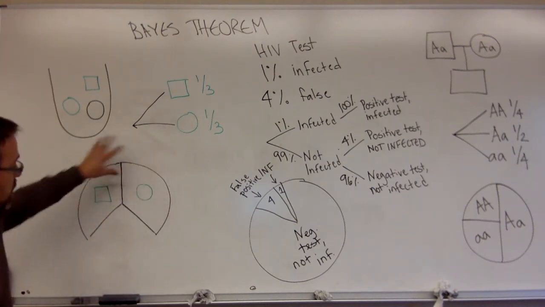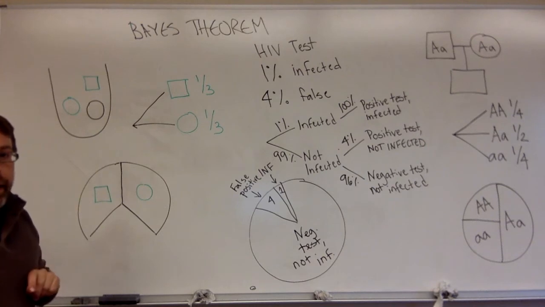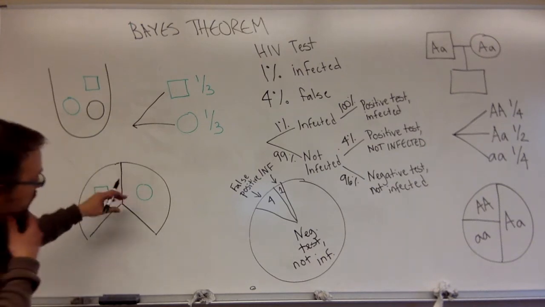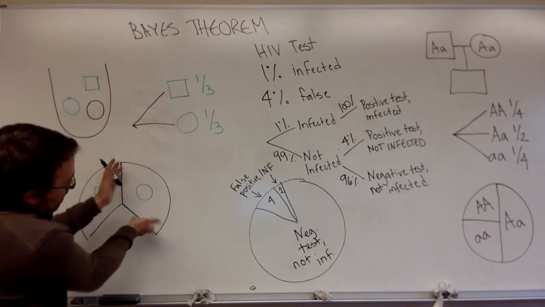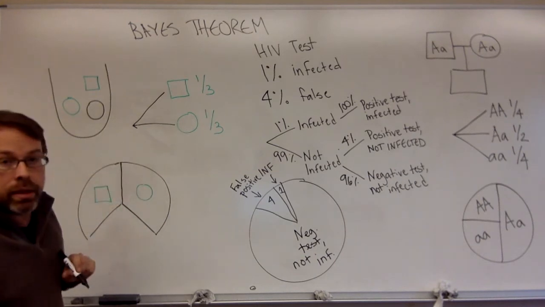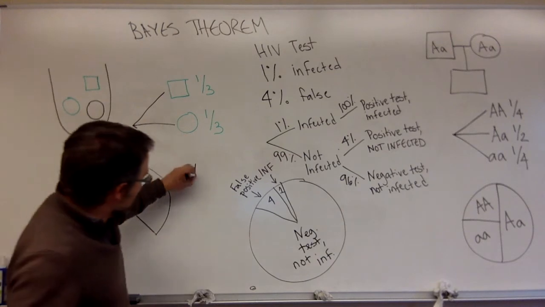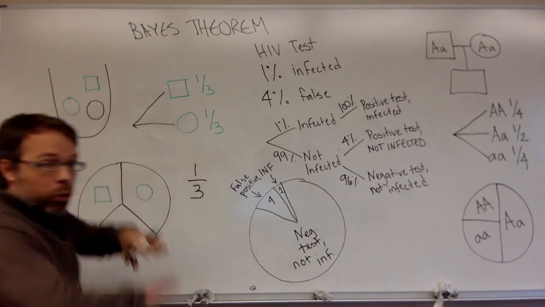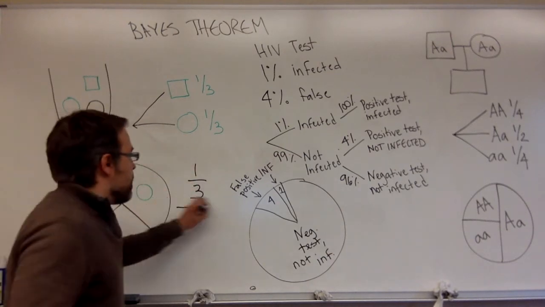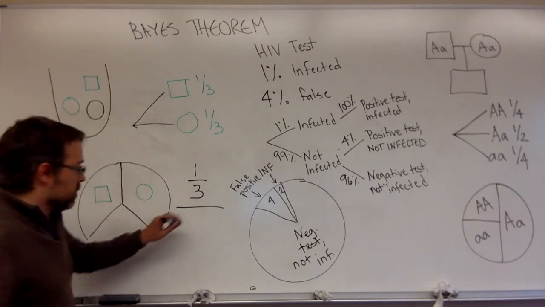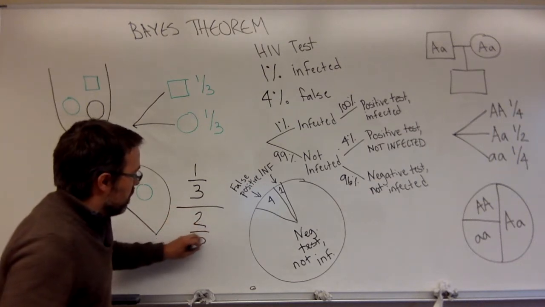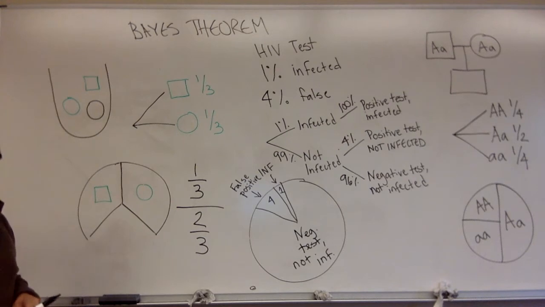And so now we only have 2/3 of our pie. Now we want to take the piece of our pie that we're interested in, the round one, which is 1/3 of our total pie, and divide it by how much of our pie is left, which is 2/3 of our whole pie.